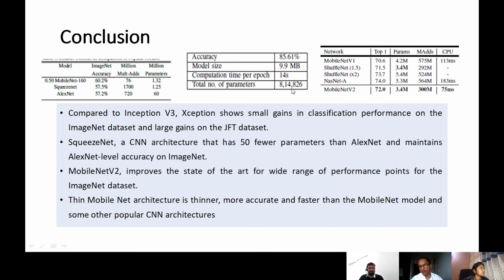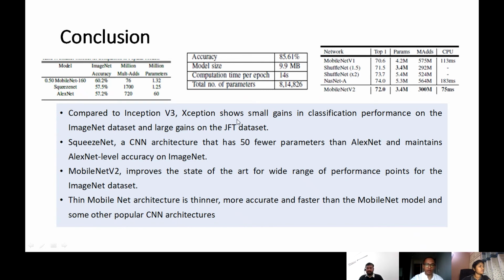And finally, MobileNet v2 on the same ImageNet dataset has 3.4 million parameters, more than MobileNet and SqueezeNet, but the accuracy is still there, and the CPU timing is computationally less in MobileNet v2. So this is the basic conclusion, the basic comparative study of all these model parameters.